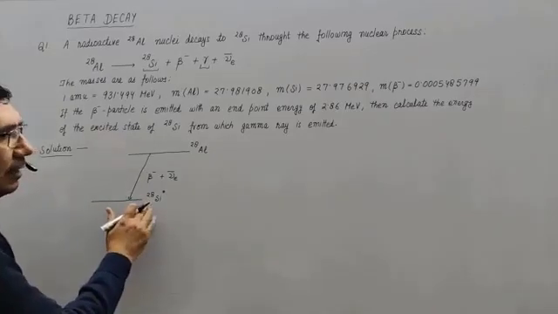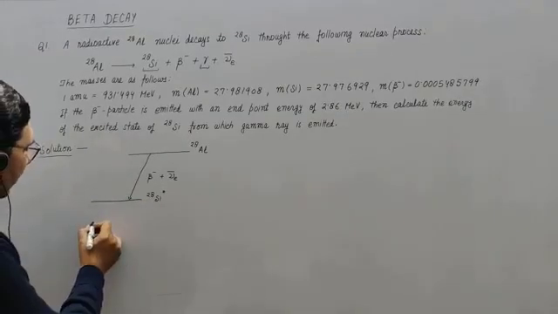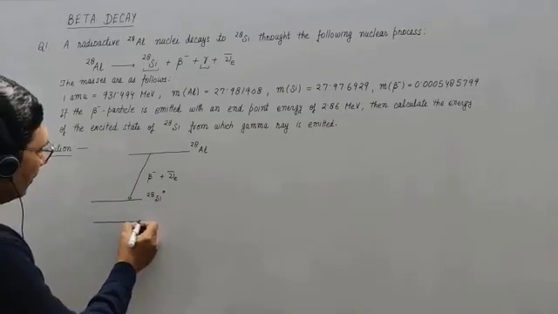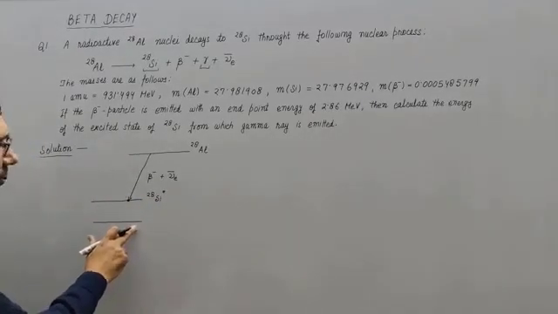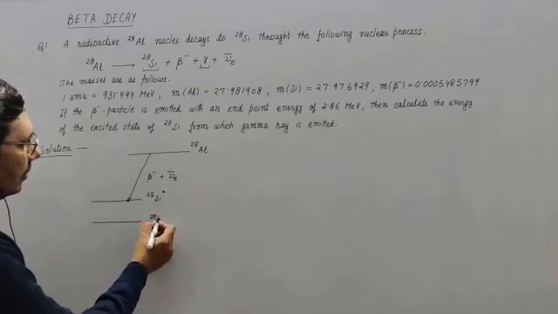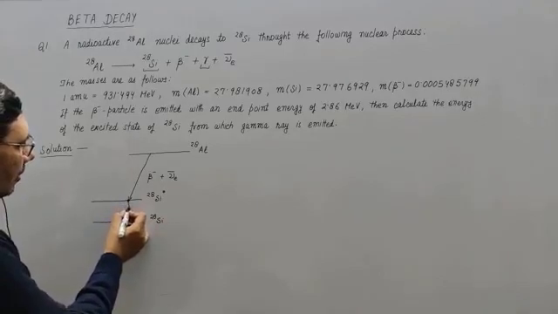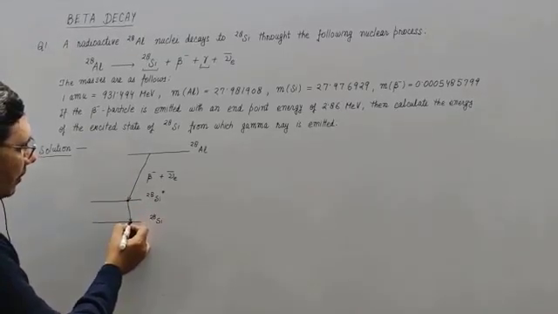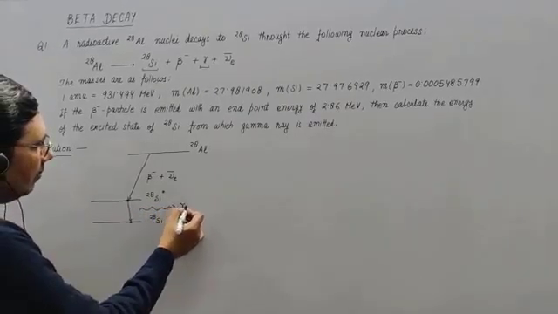So this nuclei wants to go to the lower excited state or the ground state. How can this nuclei go to the ground state or the lower excited state? This is the lower excited state or the ground state of Si. This nuclei can jump from here to here by emitting a gamma photon.